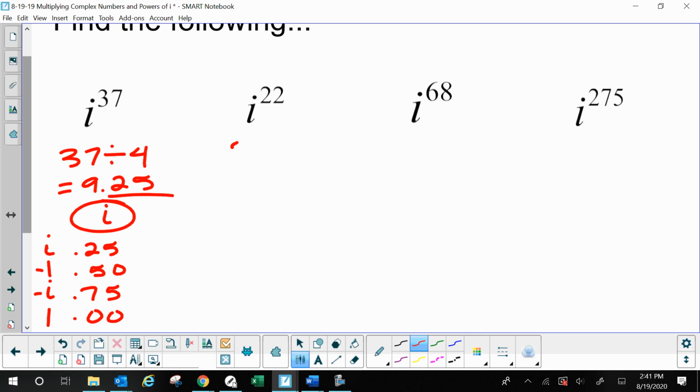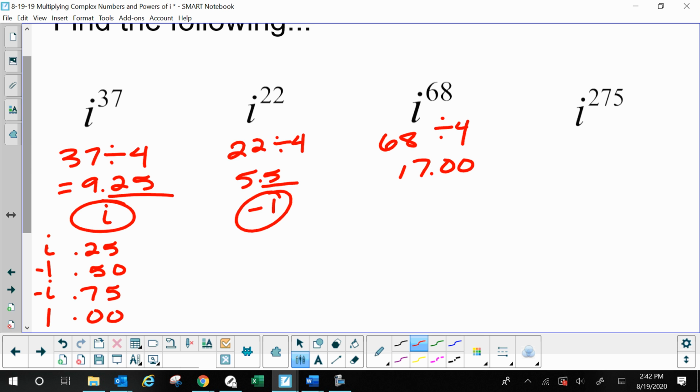So what's 22 divided by 4? 5.5. So that was negative 1. What's 68 divided by 4? 17, so that's 0.00 technically.